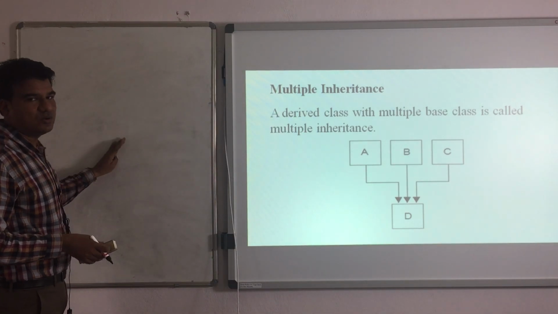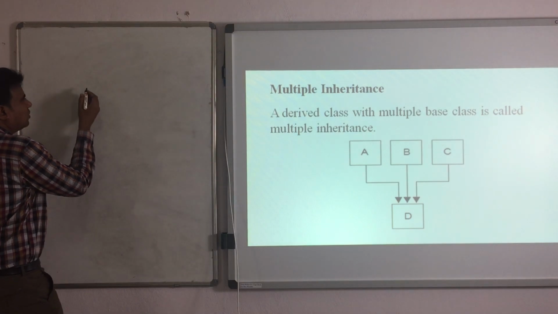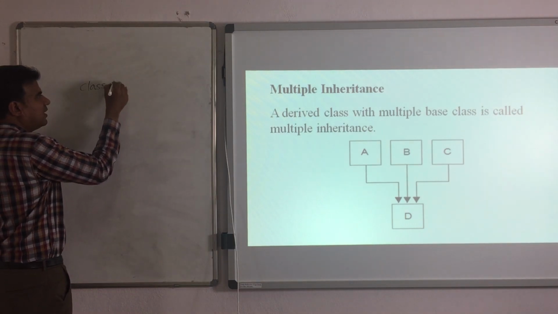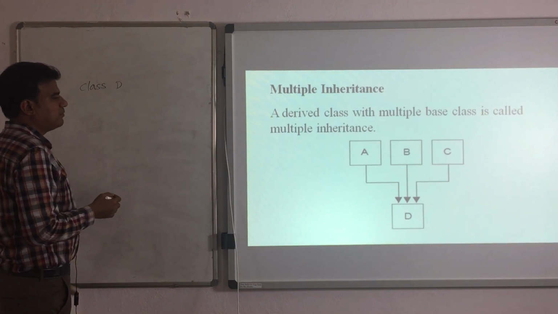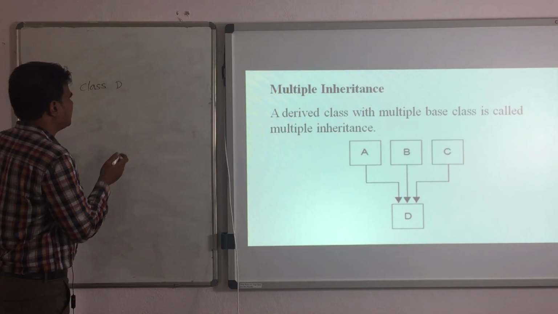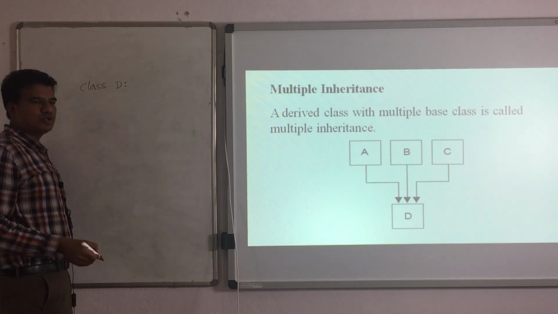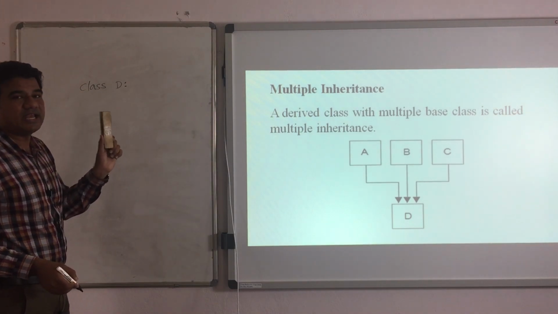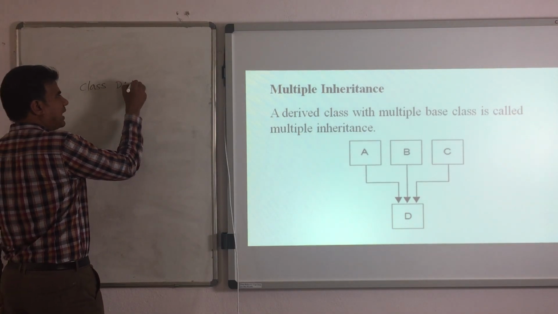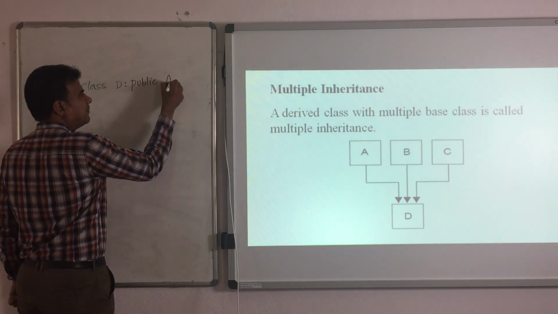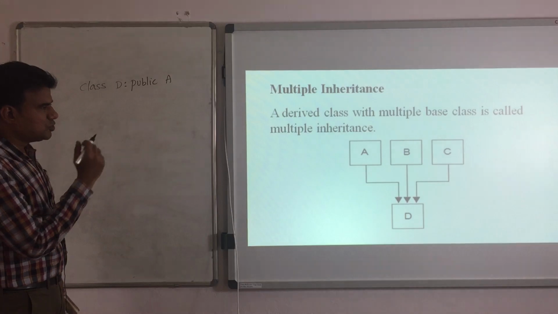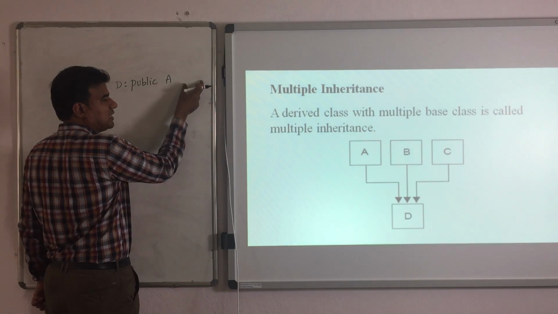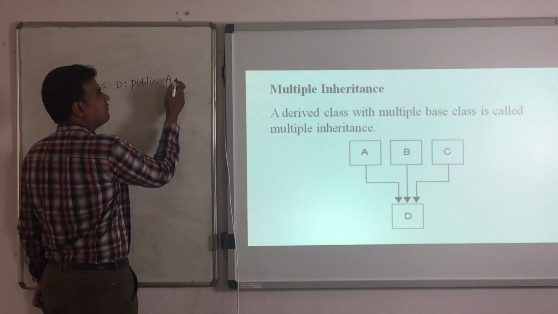So quickly see the syntax, how you have to write in multiple inheritance. Write class, my class name is D. Then I want to inherit, so quickly put the inheritance operator. Whenever you want to inherit, put the inheritance operator. Then I want to inherit A class data members in public mode, so write public A. I want to inherit B class data members in protected, so separate that B class declaration over here with a comma.